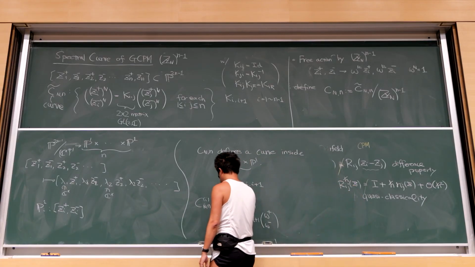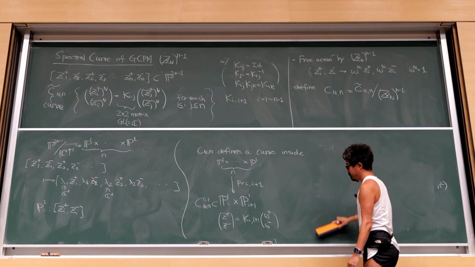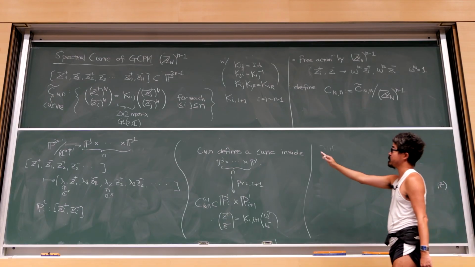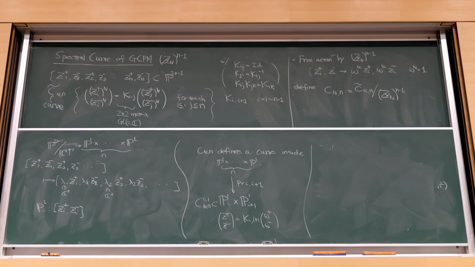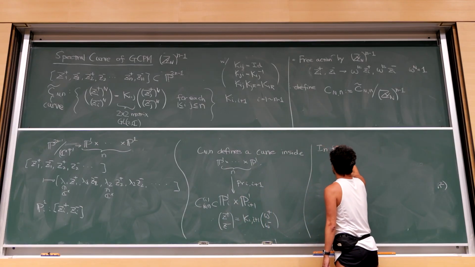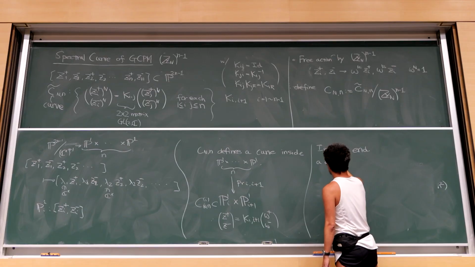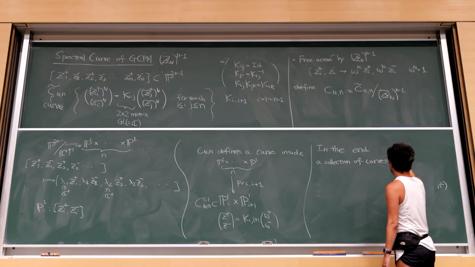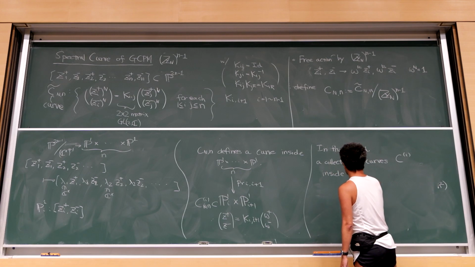So there is this curve. Maybe I explained these things in an overly complicated way. What I'm doing is very simple: P2n minus 1, and then some equations, and you just quotient to go down to copies of P1, and then you have a collection of curves Ci inside P1 times P1.